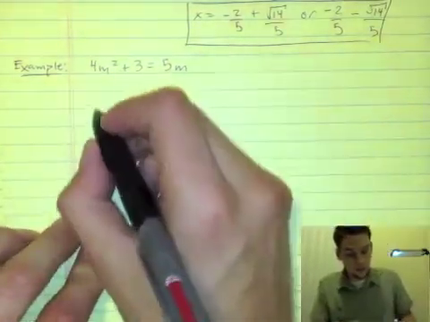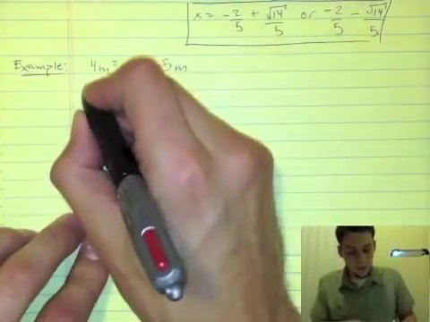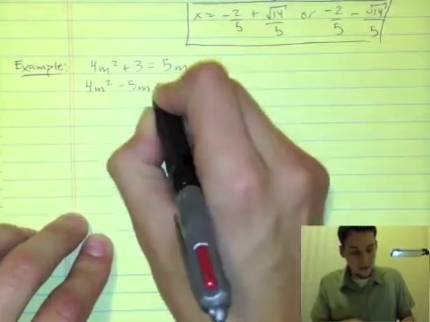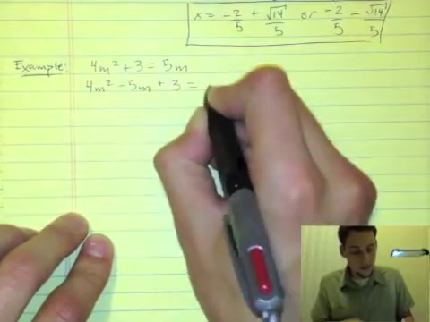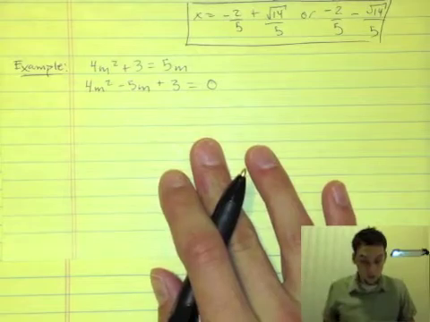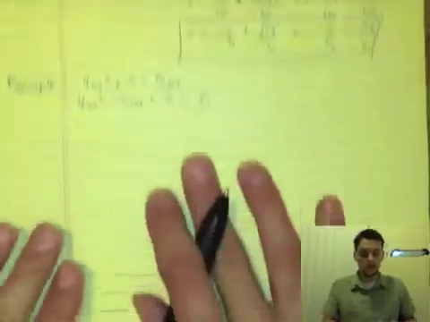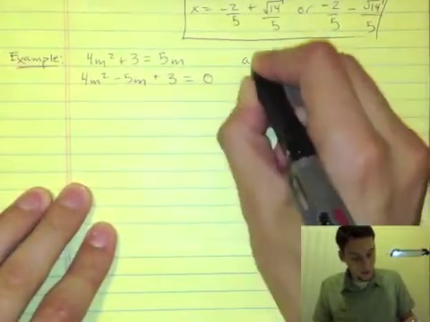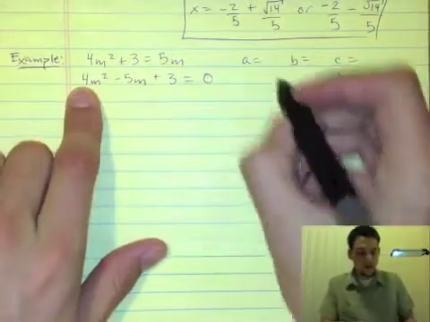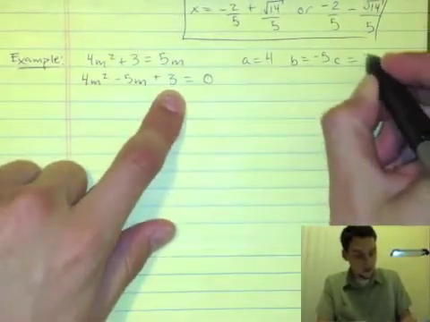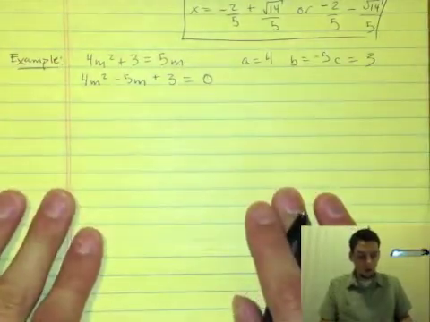So if I subtract 5m from both sides, I'll get 4m squared minus 5m plus 3 equals 0. Step 1, done. Step 2 is find A, B, and C. A is 4. B is negative 5. C is positive 3. That was easy.